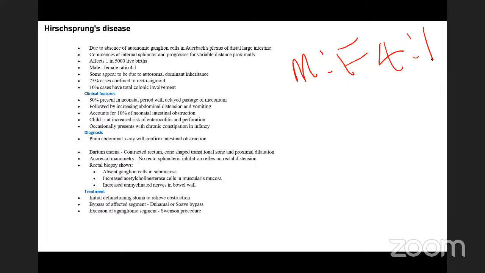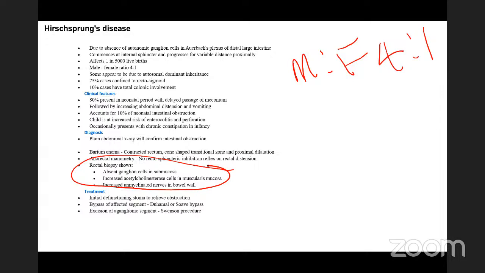Rectal biopsy is very important. When you do a biopsy, there will be absent ganglion cells in the submucosa. There is increased acetylcholinesterase activity in the muscularis mucosa, and unmyelinated, hypertrophied nerves are seen in the bowel.